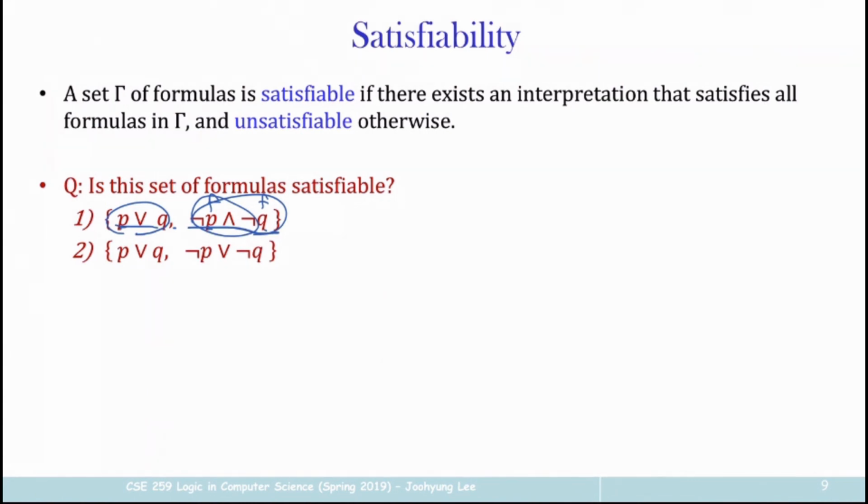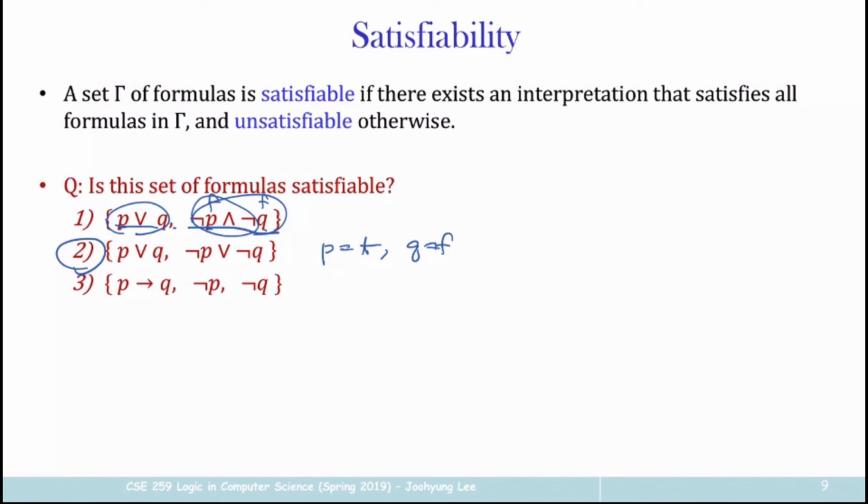P to be true, Q to be false, right? So then what do we get? True or false is true, and false or true is true. So these are fine. So if they are different, for instance, P is true, Q is false, this is satisfiable. So this is satisfiable.